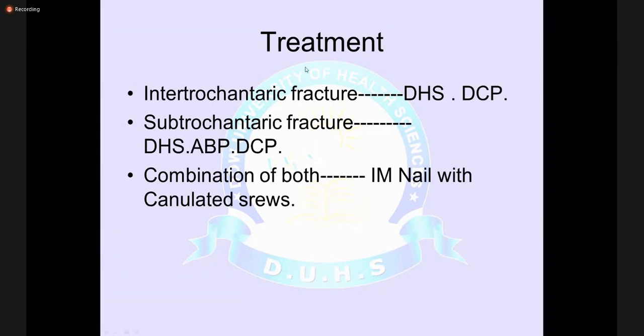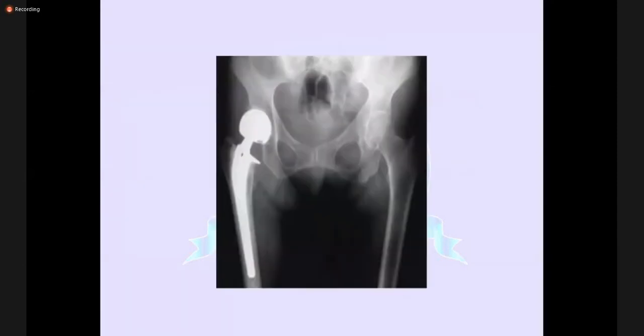And the subtrochanteric fractures are treated by the dynamic hip screw, angle blade plate, dynamic compression plate in children. While the combination of both also can be used in the intramedullary nail with the cannulated screw, which I will show in the next few slides.